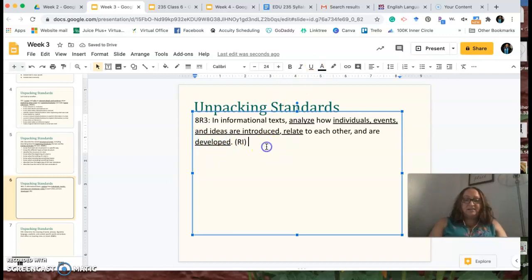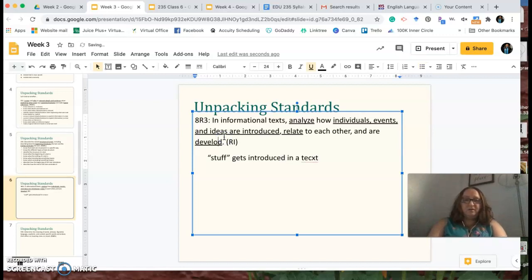So we've got quite a list here. If we were going to make a list here, I'm going to skip analyze for now. I'm going to take individuals, events, and ideas are introduced. So for the sake of ease, these 3 things, they're different, but I'm just going to call them "stuff." So they have to know that stuff gets introduced in the text, right?